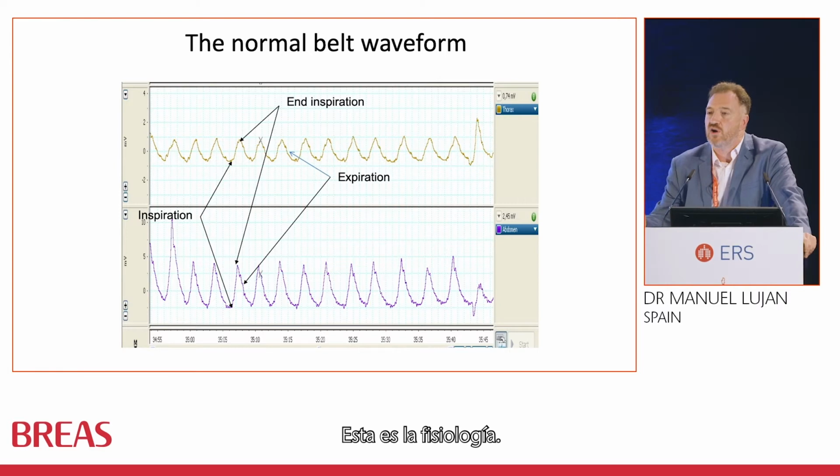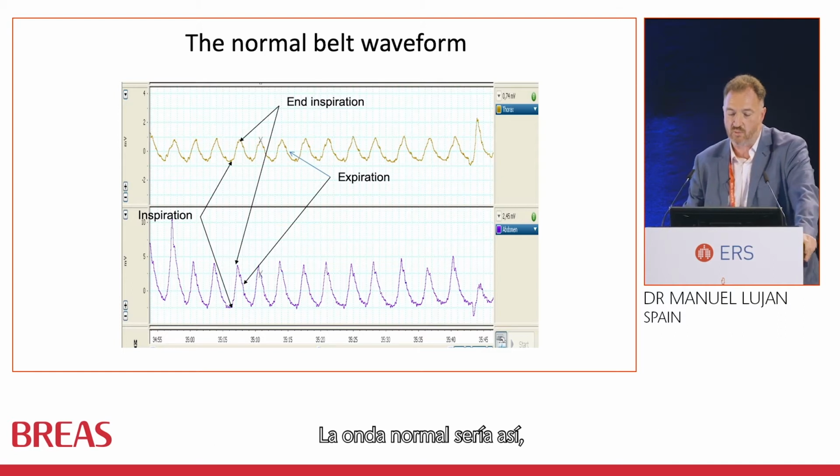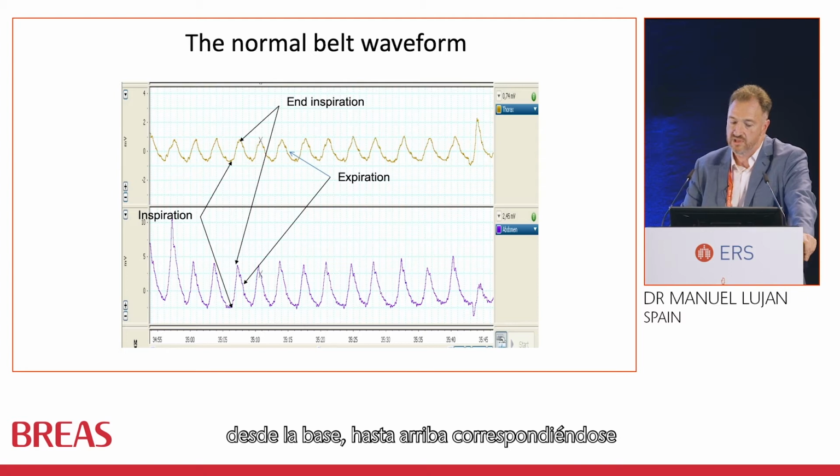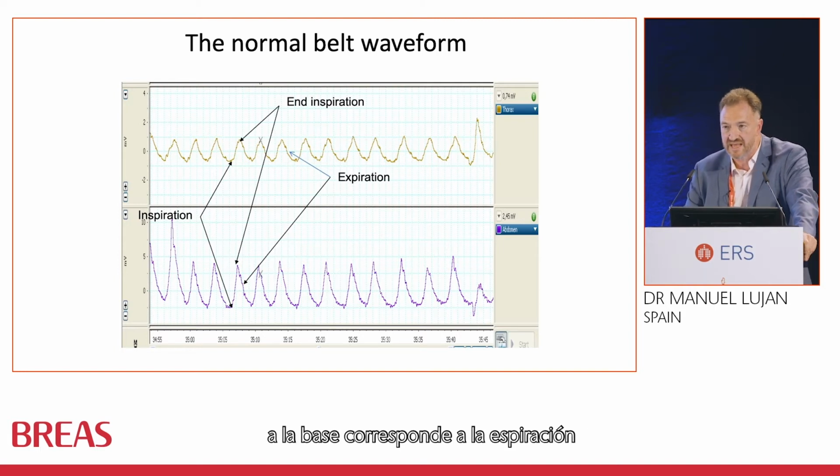That's the physiology. Let's review the physiology of the normal belt waveform. The normal belt waveform is like this: from the baseline to the top corresponds to the inspiration of the patient, and from the top to the baseline corresponds to the expiration of the patient.